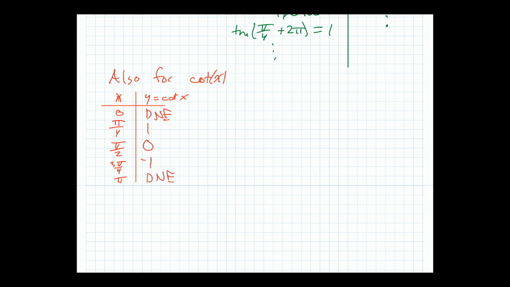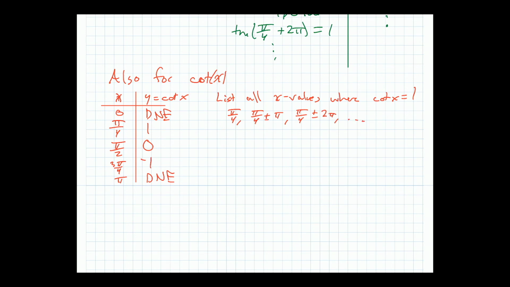And then if you wanted to list all x values where cotangent x equals 1, they would be pi over 4, pi over 4 plus or minus pi, pi over 4 plus or minus 2 pi, etc.